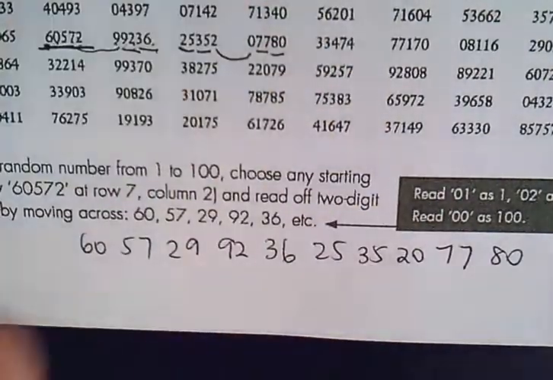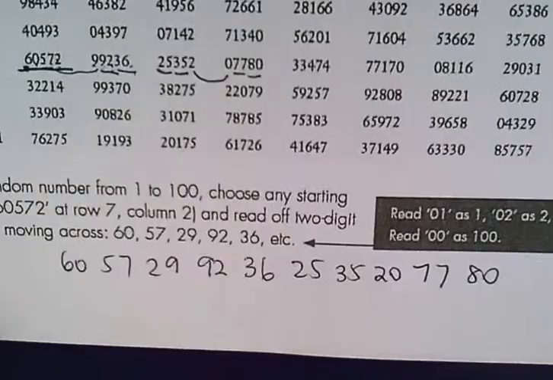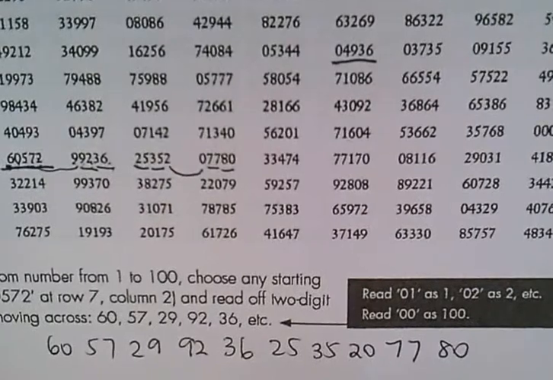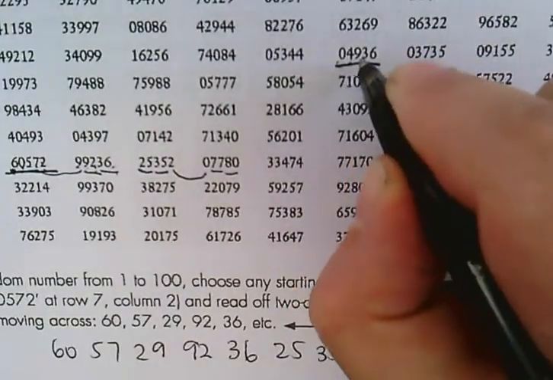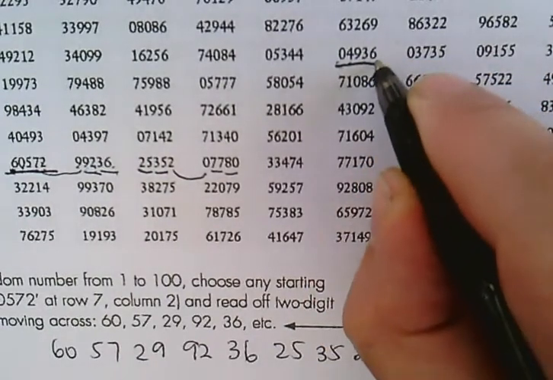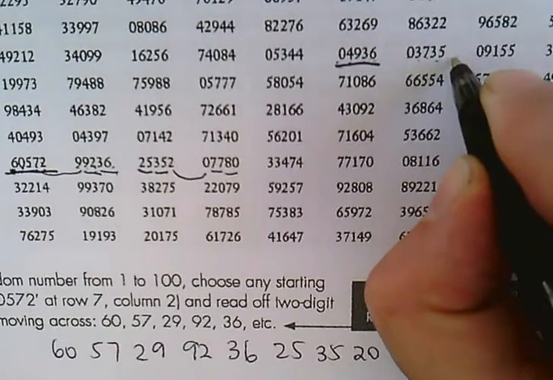Now, I can start wherever I want. Let's say I started over here. There. What's my first number? 04, which is 4, 93, 60, 37, 35.